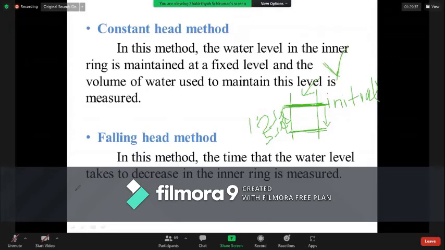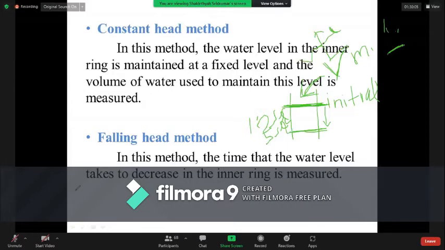But what is the unit of this infiltration? Millimeter per hour. So we can measure the time interval. But here, by using the measuring cylinder, we know the initial volume.